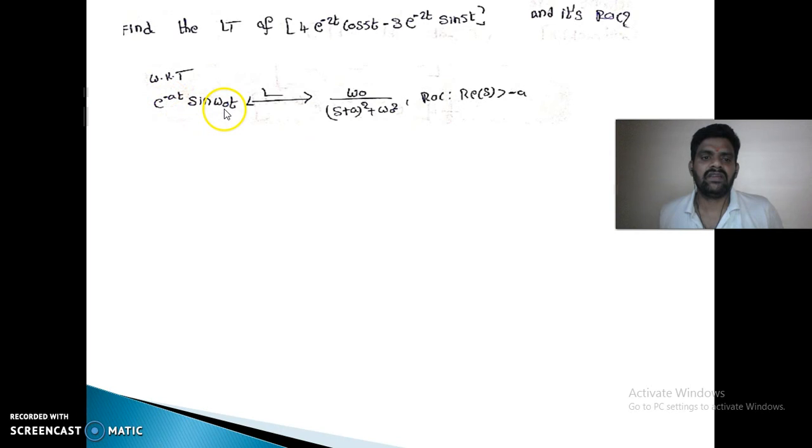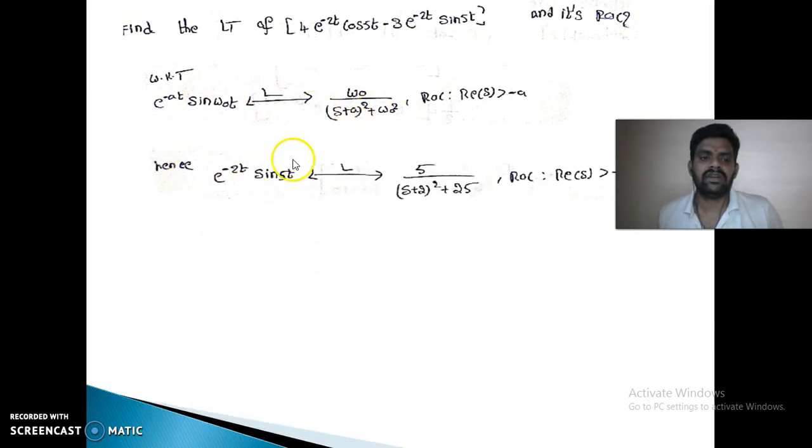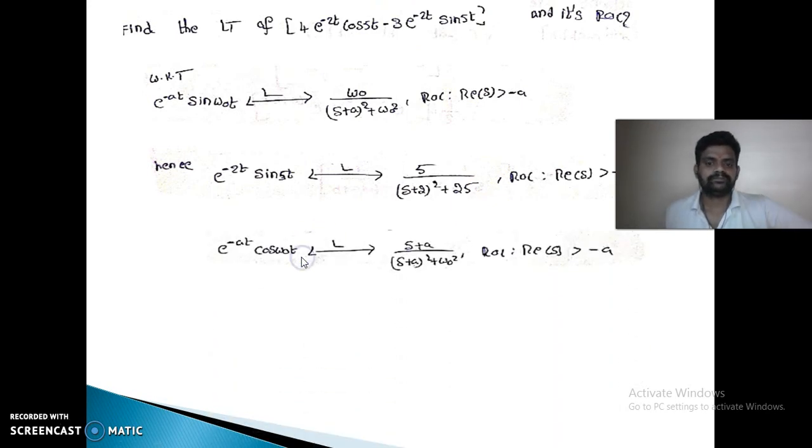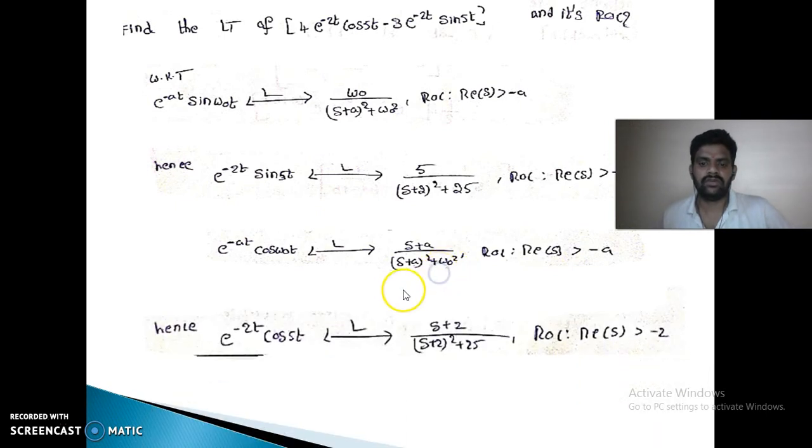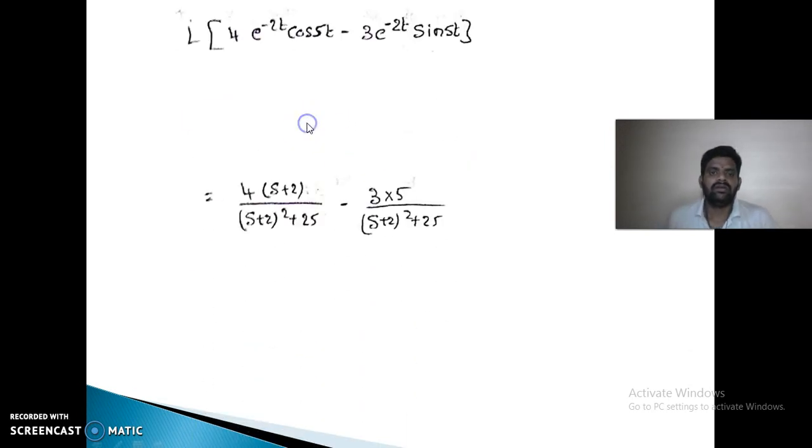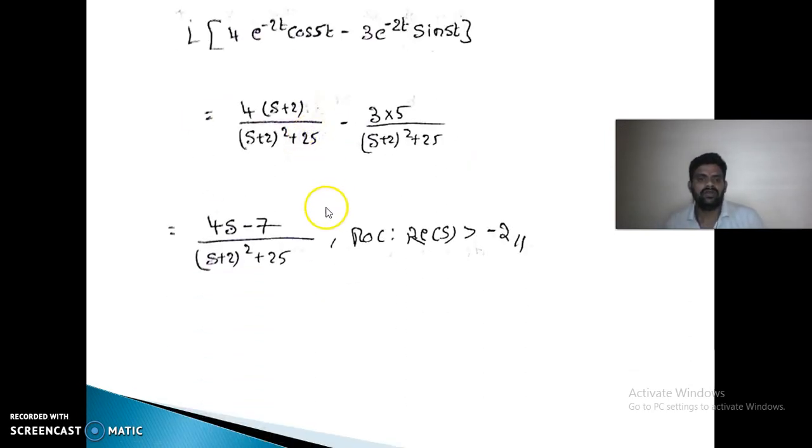For e power minus a t cos omega naught t and e power minus a t sin omega naught t, we have the formulas. Using them, here a value is 2 and omega value is 5. So the cos term gives (s plus a) by ((s plus a) whole square plus omega square), that is (s plus 2) by ((s plus 2) whole square plus 25), and the sin term gives 5 by ((s plus 2) whole square plus 25). The ROC is greater than minus 2. If you combine both functions, you get the Laplace transform like this, and the common ROC is the same.